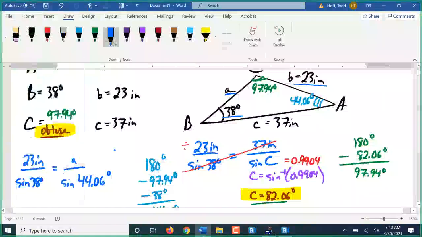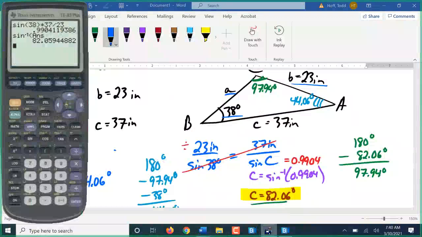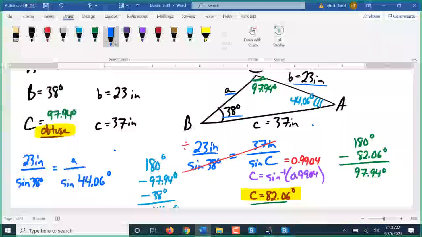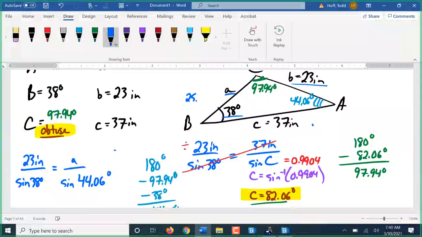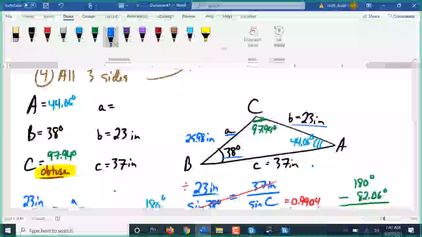So we'll have 23 times the sine of 44.06 degrees, close that parentheses, divided by the sine of 38 degrees. 25.98 is what we get again. So put that in up here, 25.98.